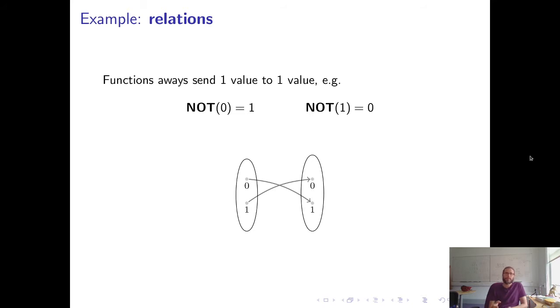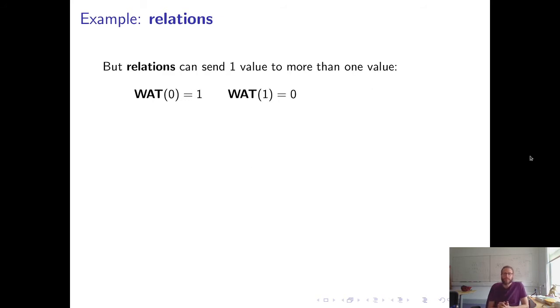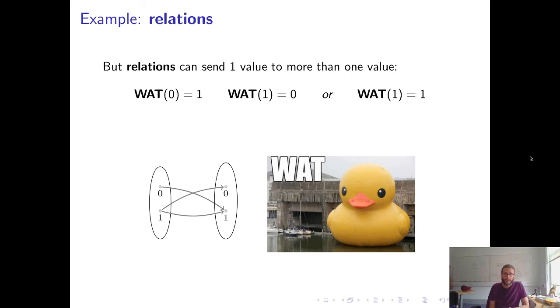But since we're allowed to have unreliable functions or relations, we can define this thing, the WHAT gate, which sends one value to more than one value. It sends 0 to 1, and it sends 1 to 0, but it also sends 1 to 1. What?